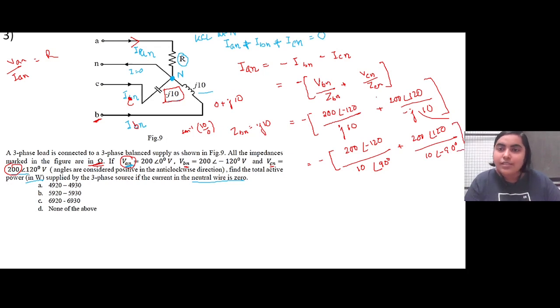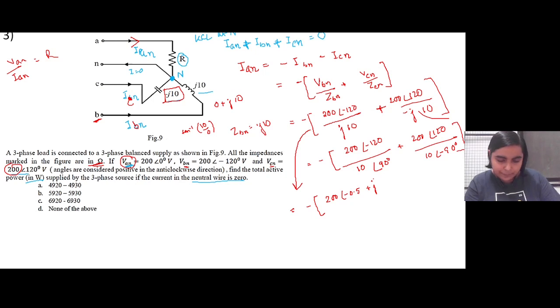Is it fine? You can do both ways. You can convert it to angle and then for adding up you have to split it in j anyway, or you can directly split it in j from this step itself, whichever seems easy for you. For example, instead of writing 200 angle minus 120, you can write 200 times cos of minus 120, so cos minus 120 is minus 0.5. 200 into minus 0.5 plus j sine of minus 120.